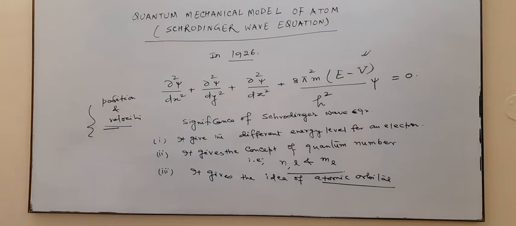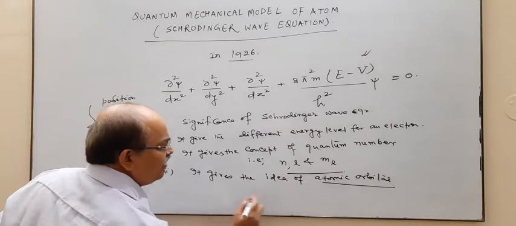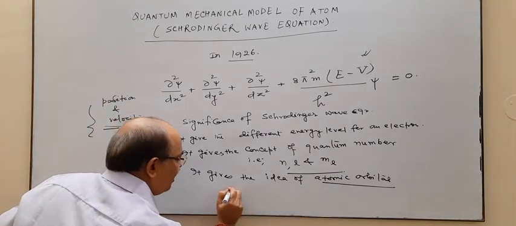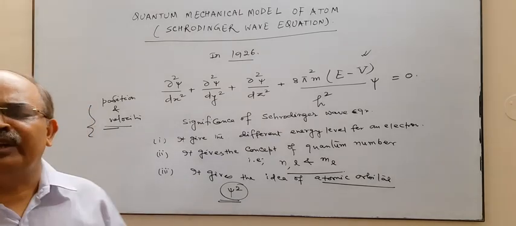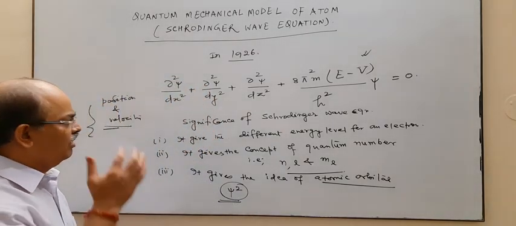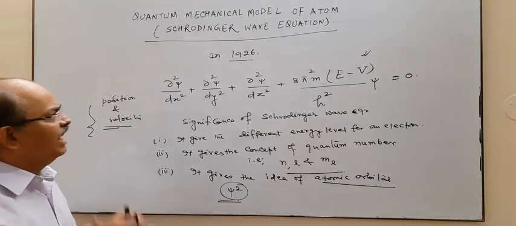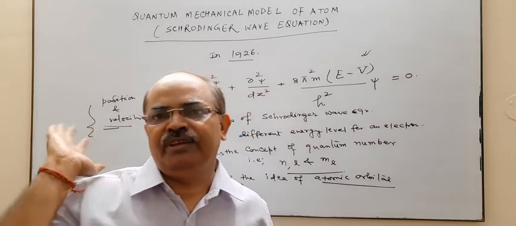So psi square gives the idea of atomic orbital. So this is the main idea of the Schrodinger wave equation in brief.